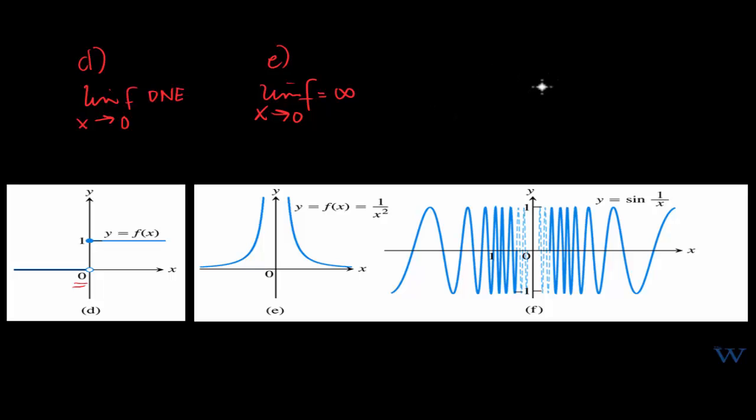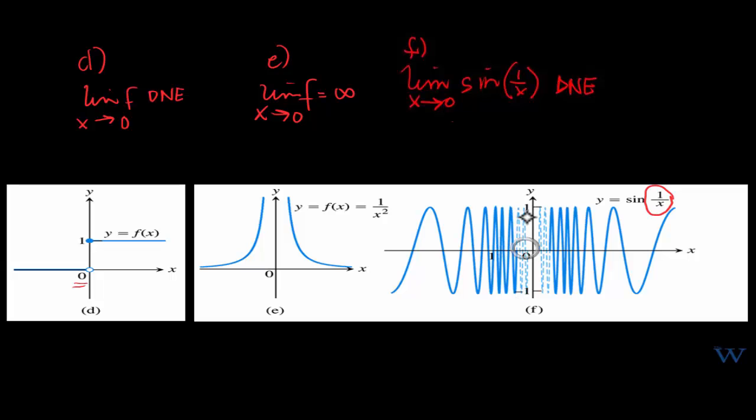So what about letter F? We have a function, again, that I've shown before. And we said earlier that the limit in letter F, the limit of sine of 1 over x as x approaches 0, whether from the left or from the right, remember that the sine of 1 over x oscillates rapidly back and forth from -1 to 1.